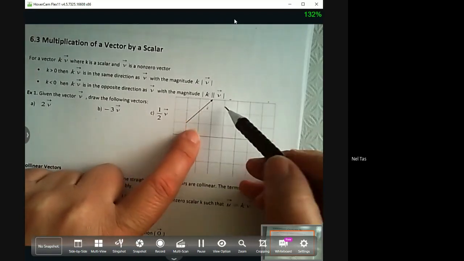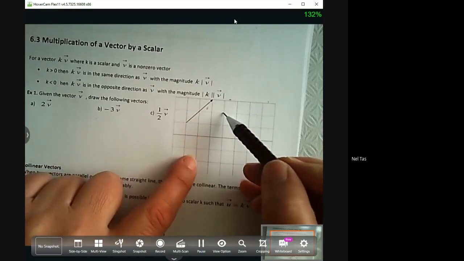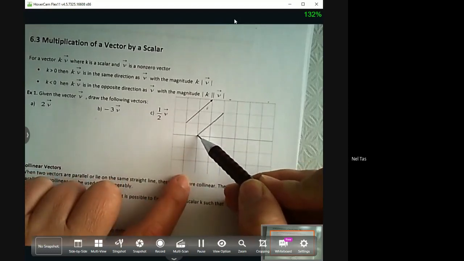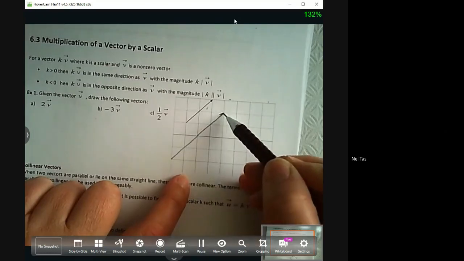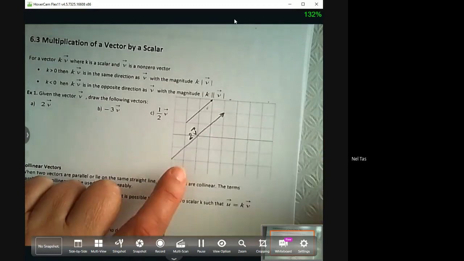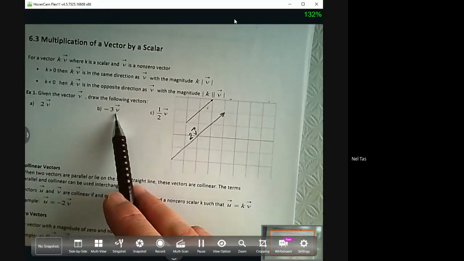So 2v, let's say I'm drawing it here. This would be 1v, and this would be 2v. And the direction will be the same as v.